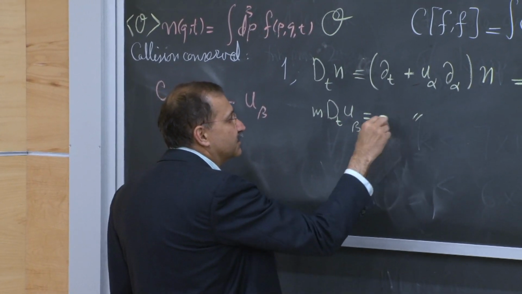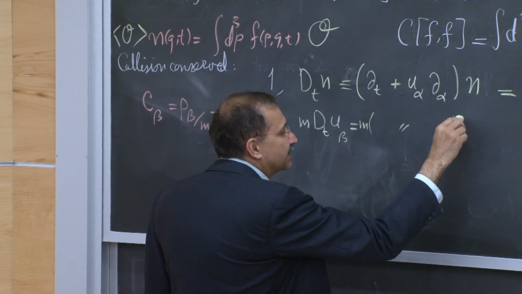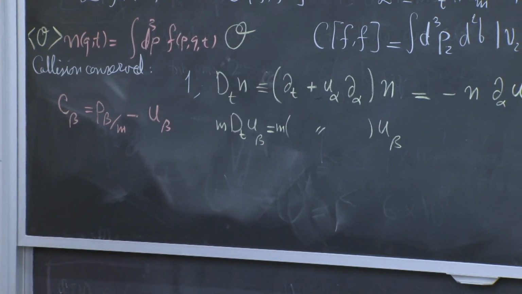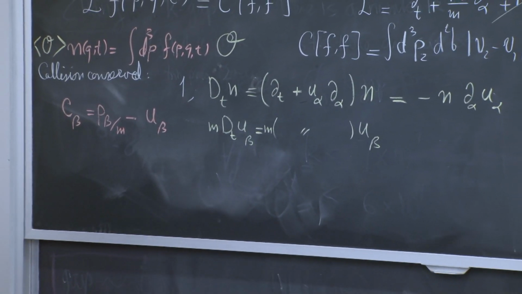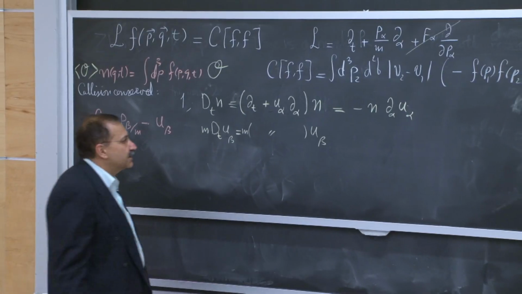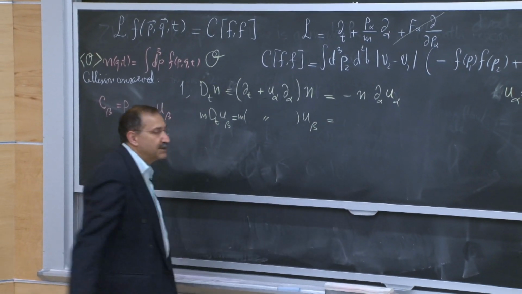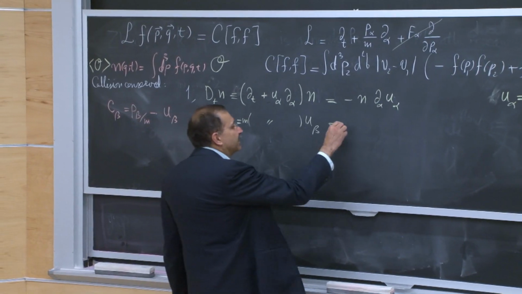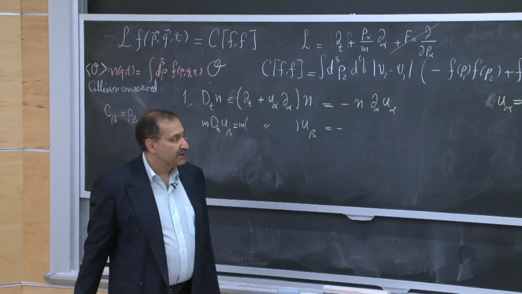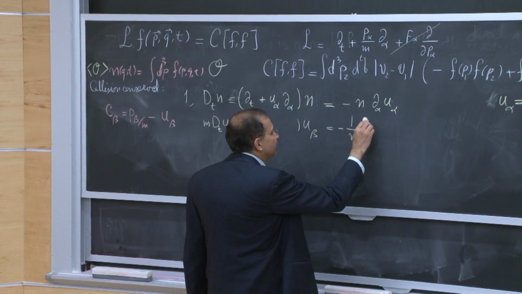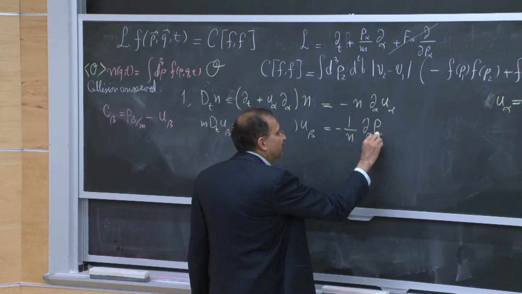So basically, this operator multiplied by mass acting on this was external force. Well, currently we've set this external force to be 0. So when we are inside the box, really there was an additional force that came from variations of pressure in the gas. And so we had a term here that was 1 over n d alpha of P alpha beta.